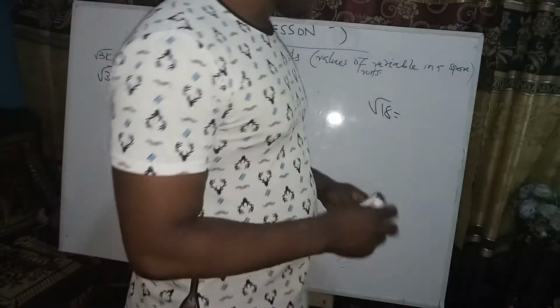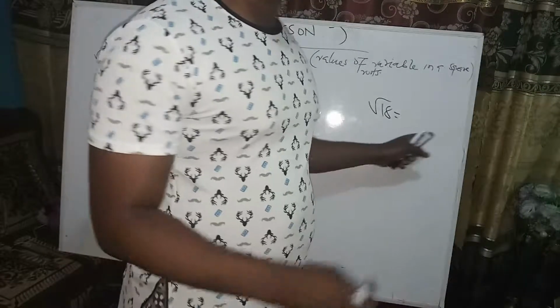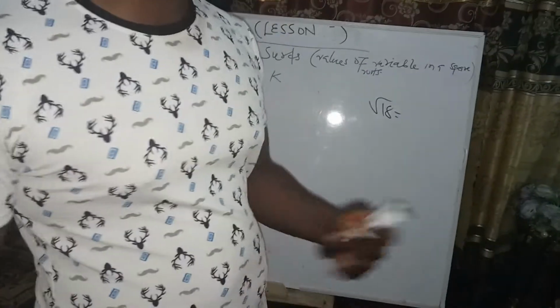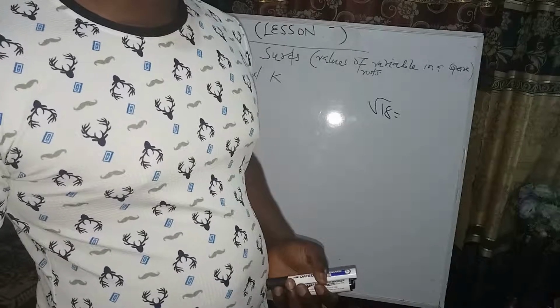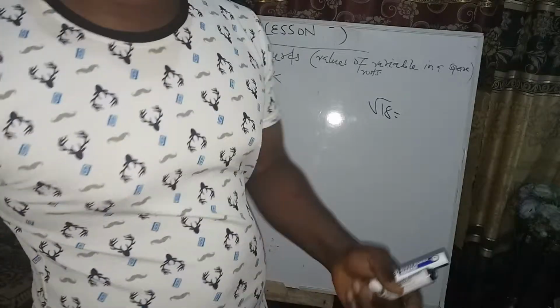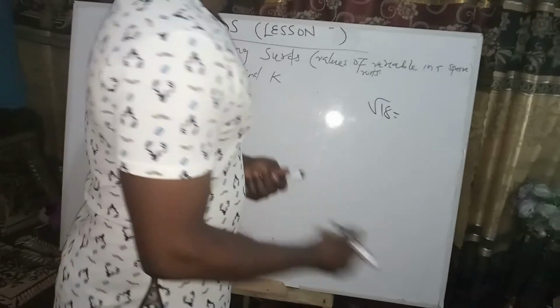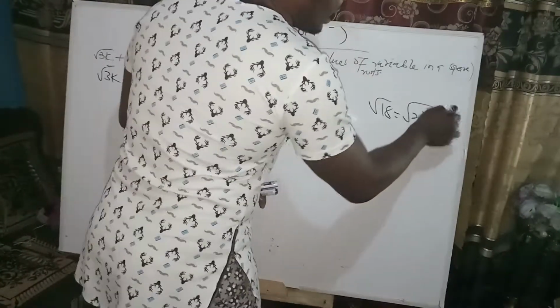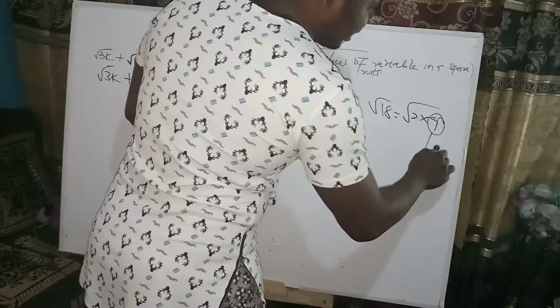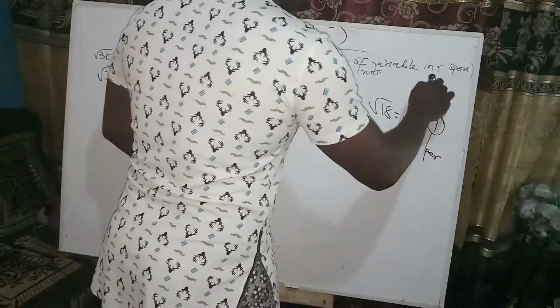You ask yourself: 2 times what gives me 18, or what times what gives me 18? 6 times 3 gives me 18, but neither 6 nor 3 is a perfect square number, and we need a perfect square part and an imperfect square part. So when I say 9 times 2, we can see that the 9 here is the perfect square side and the 2 here is the non-perfect square side.